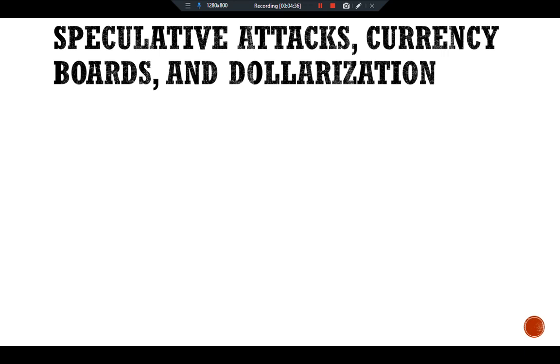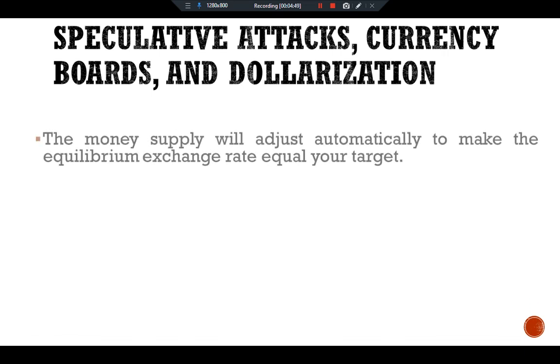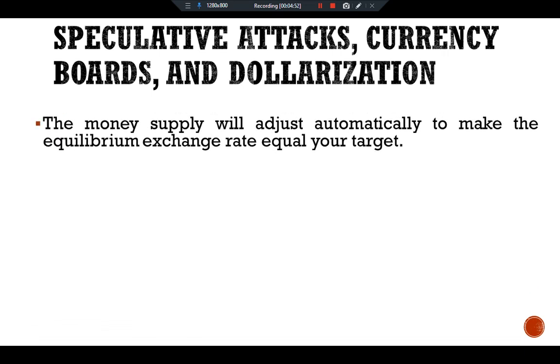From now on, 1 peso will sell for $1. As you know, you have to stand ready to buy and sell pesos for a dollar each. So the money supply will adjust automatically to make the equilibrium exchange rate equal to your target.